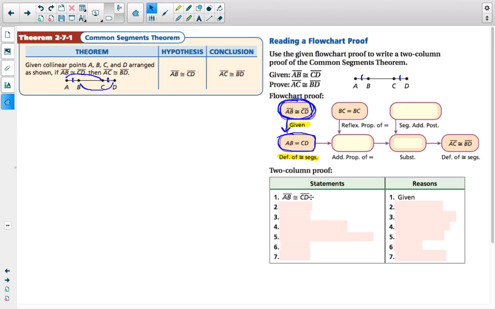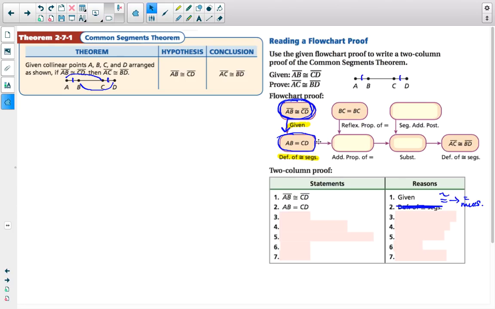The statement is segment AB is congruent to segment CD, and the reason is given. Step two, see the arrow comes down here, so that's going to be our step two, that the length of AB is equal to the length of CD. How do we know? Definition of congruent segments. And remember, we're not going to say it that way anymore. We're going to instead say congruent means equal measures. That's how we're going to say it.